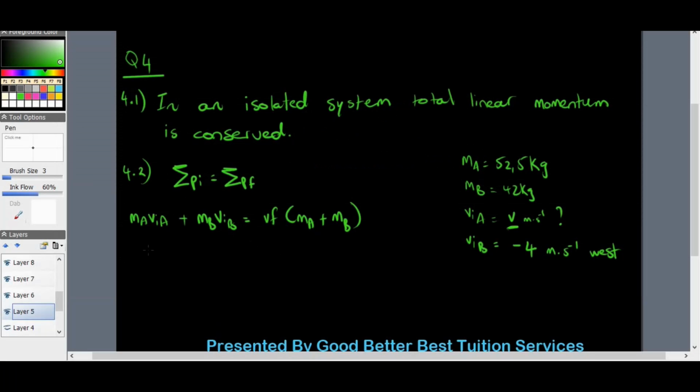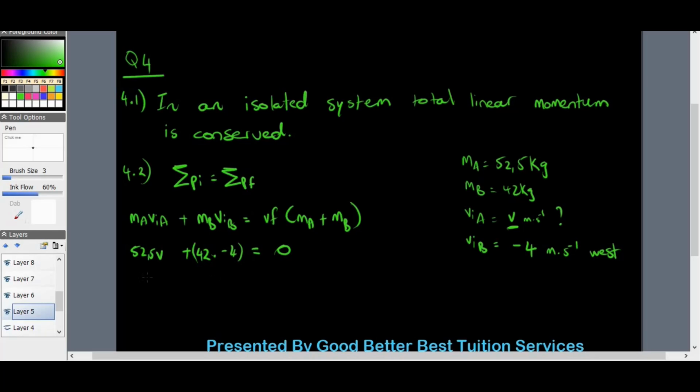So everything here is going to be equal to 0, because there is no velocity. So we have 52.5 v, because we don't know this value, plus 42 times negative 4.